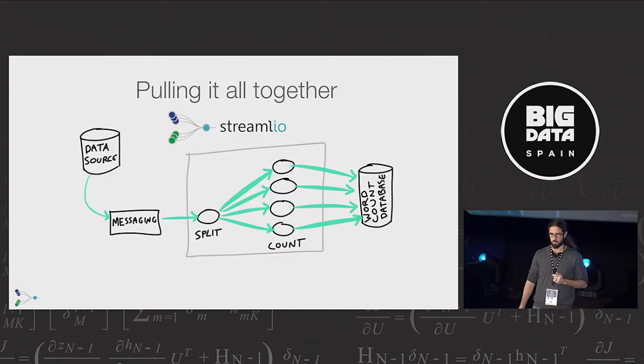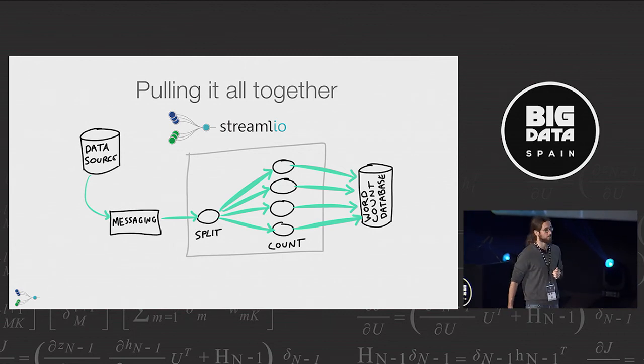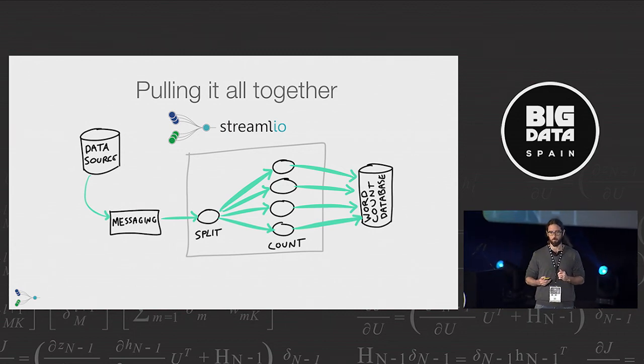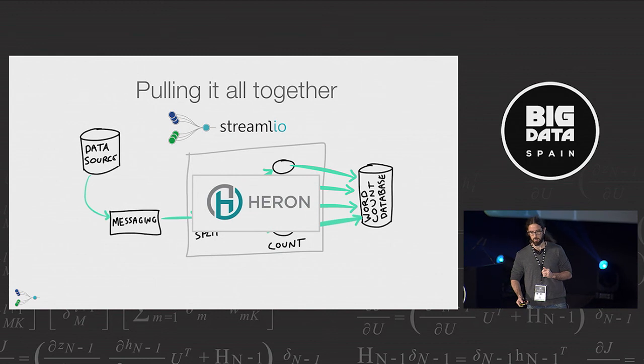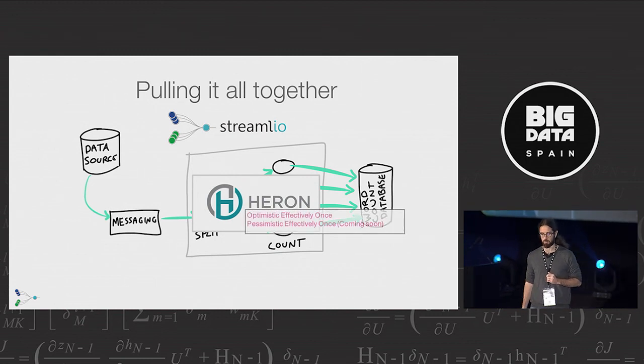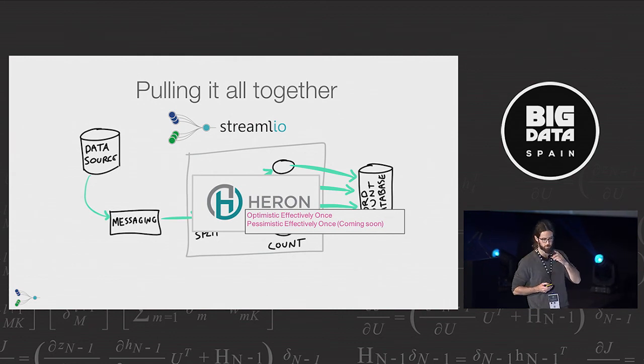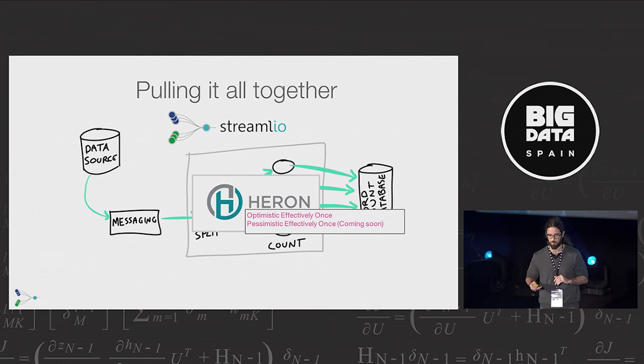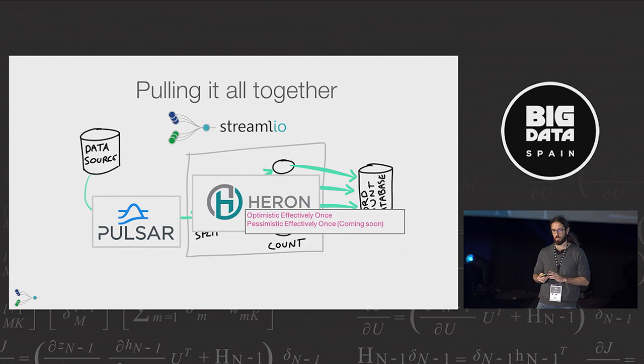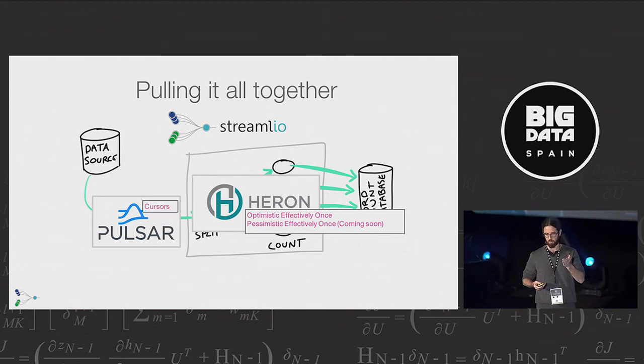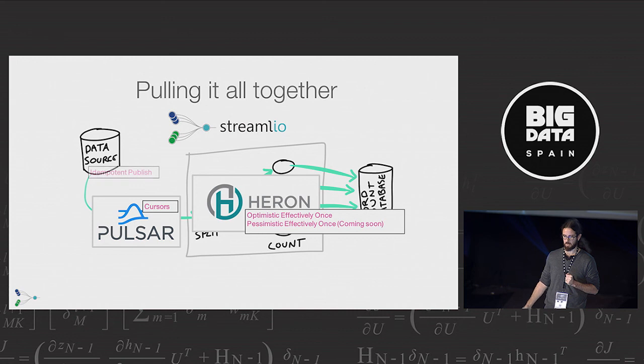So how do we bring this all together in the Streamio platform? We have Twitter Heron, which provides optimistic effectively once, and pessimistic effectively once is coming soon. Our messaging system is Apache Pulsar. It provides cursors, so the stream processing system can reattach at any point in the past.